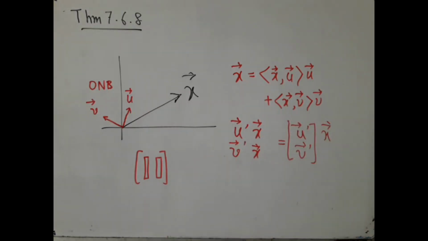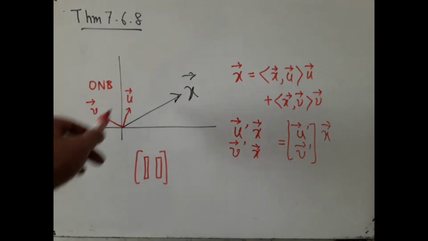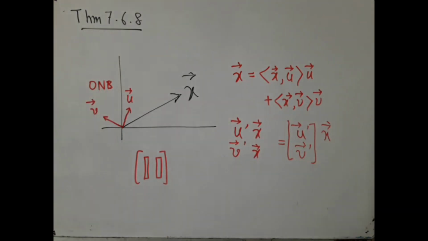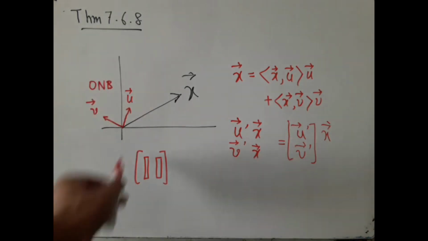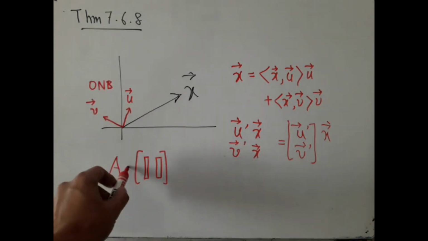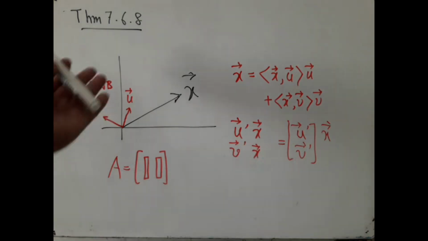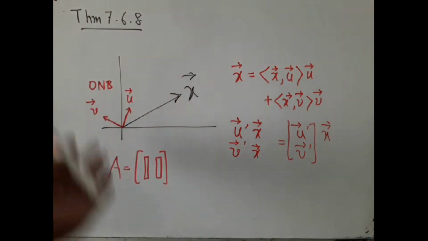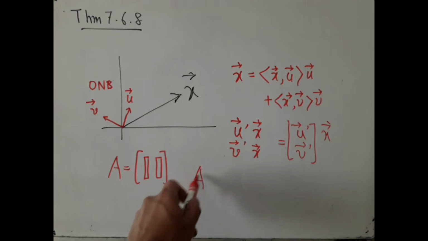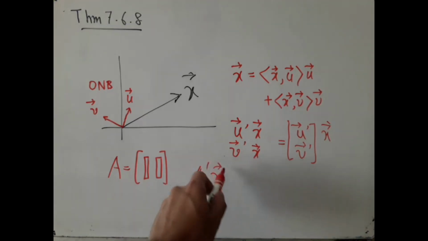And this is the important thing to remember. Whenever you are given any ONB, you can express any vector in terms of that. In terms of a matrix, think of the ONB as an orthogonal matrix. You want to find out the coefficients of any x with respect to this, very simple. You just do A transpose x. That's it.